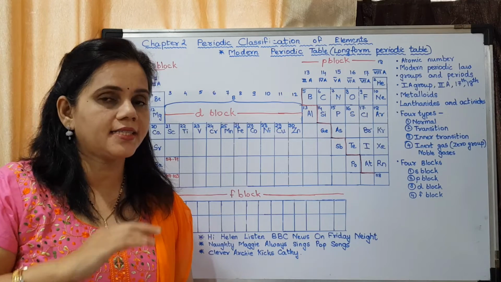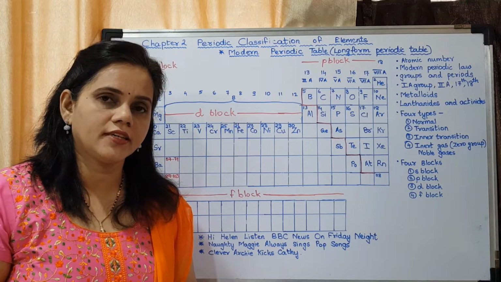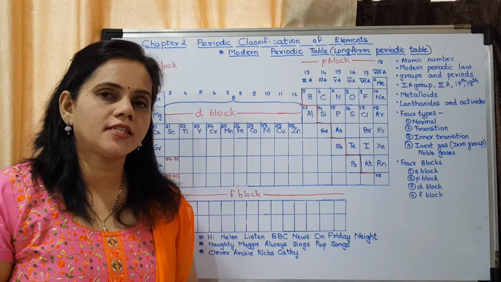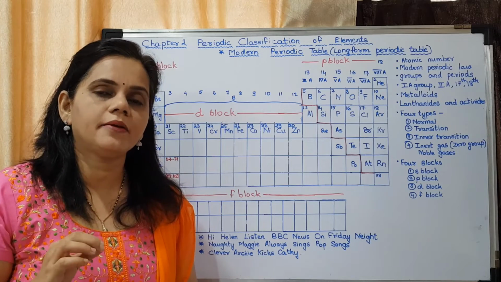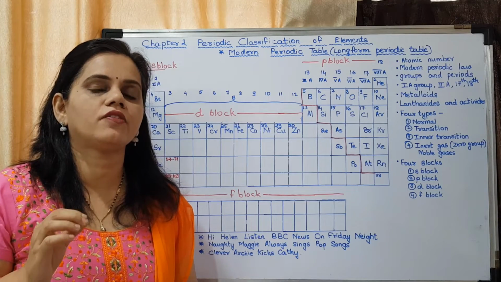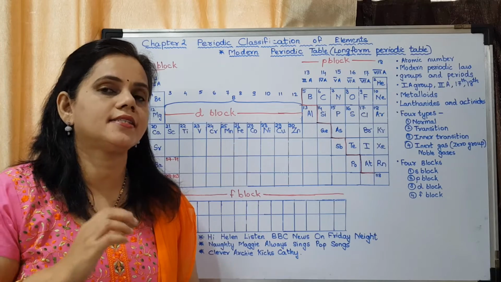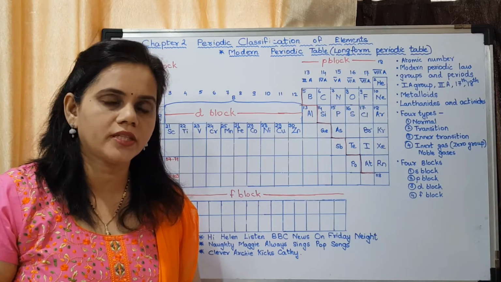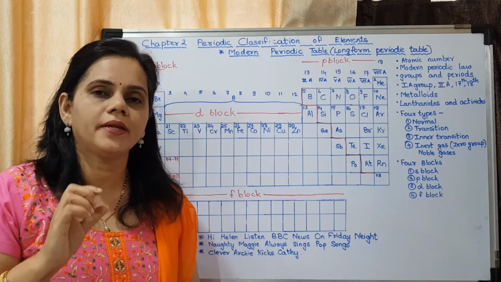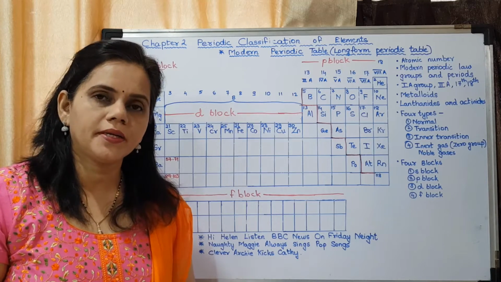It was revised and the modern periodic law was given. Modern periodic law states that properties of elements are periodic functions of atomic numbers. It is there in the textbook. It is a 2-mark question. State modern periodic law. So what is modern periodic law?